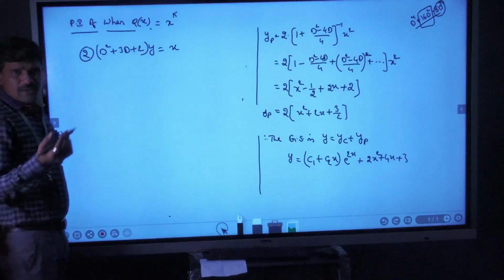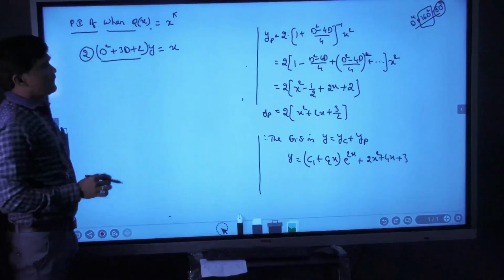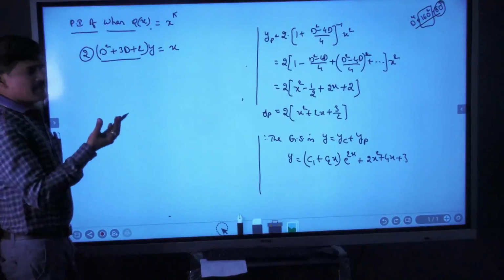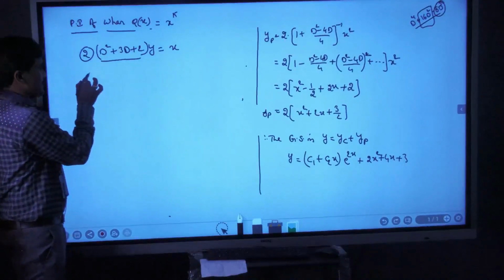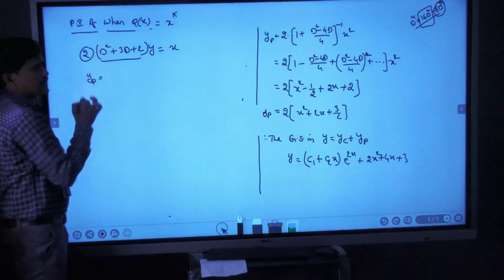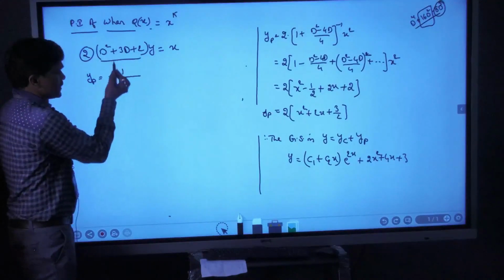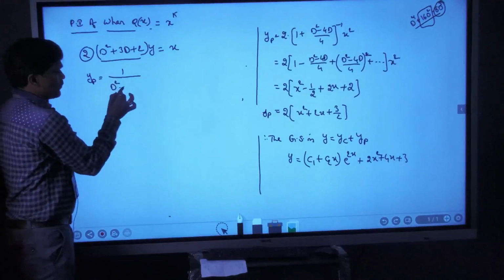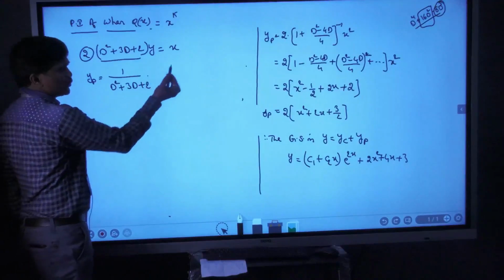Then directly we find the particular integral. The process to find the complementary function is clearly common. So directly we write the particular integral yp. What is yp here? Yp is 1 by f of d, that is d square plus 3d plus 2, into q.